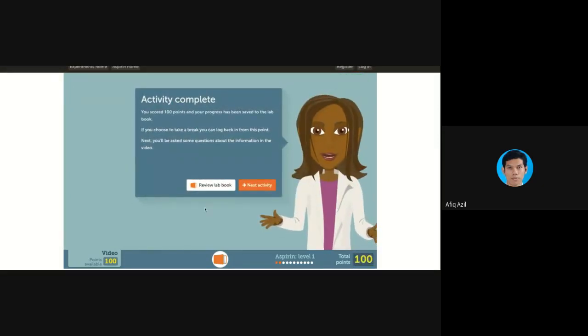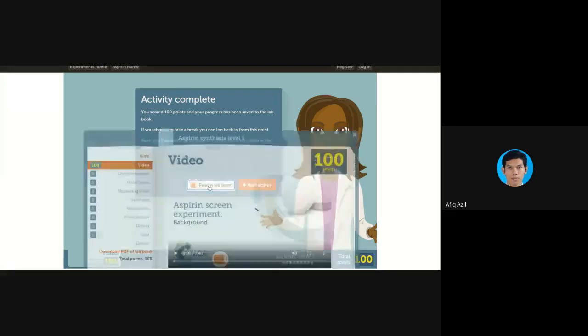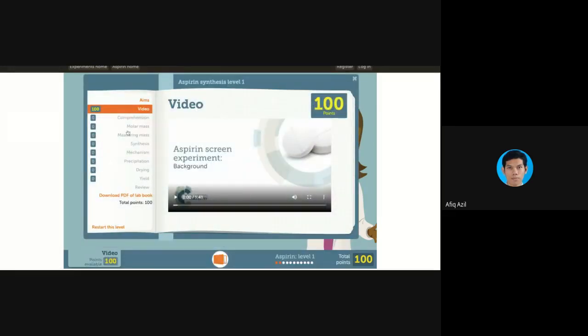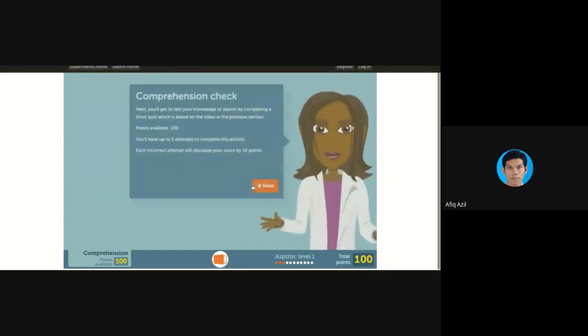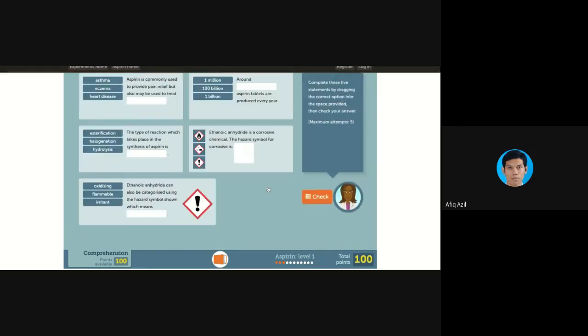Okay, so you can review the lab book over here. It tells you about all of the parts of the experiment.